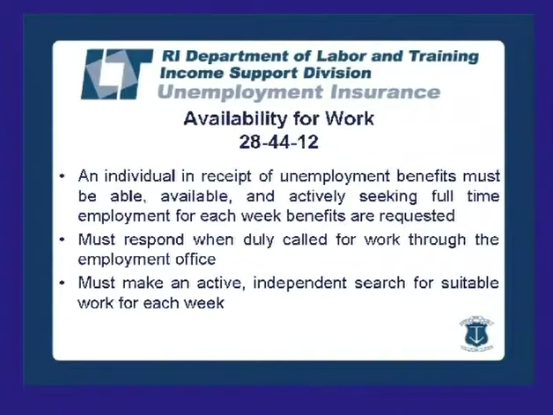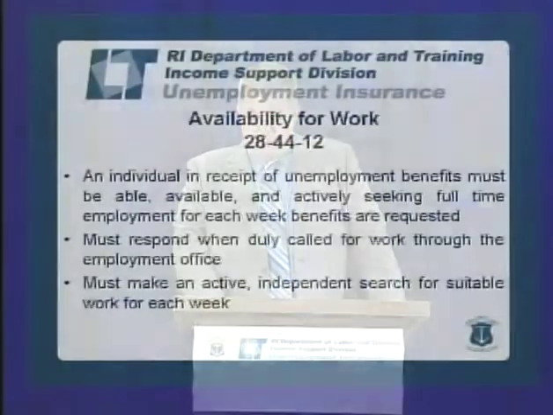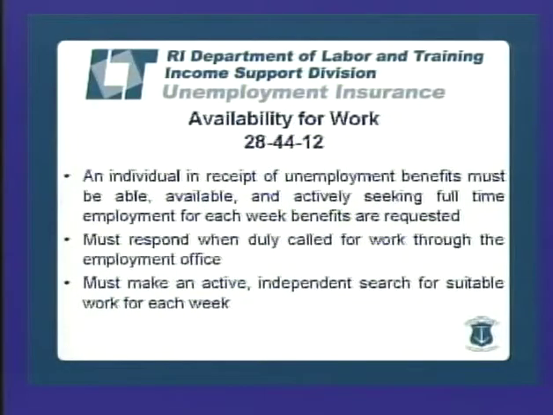And the law, section 28-44-12, indicates that an individual in receipt of unemployment benefits must be able, available, and actively seeking full-time work for each week benefits are requested. They must also respond when duly called for work through the employment office. And finally, they must make an active, independent search for suitable work for each week. And again, there we see suitable work, so it must be work that they're capable of doing.